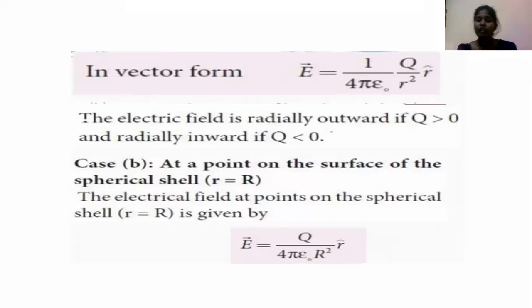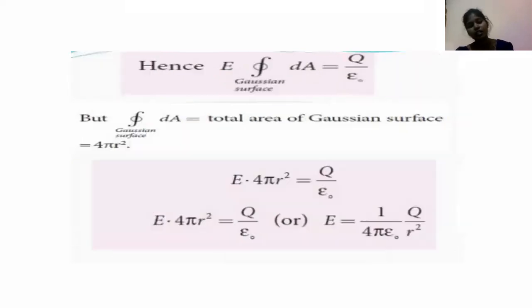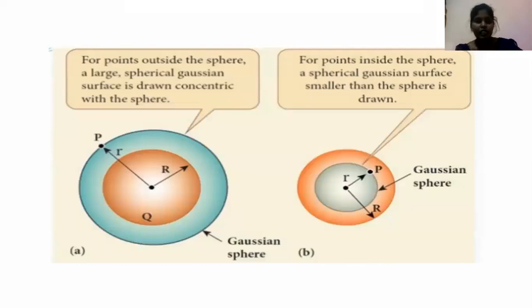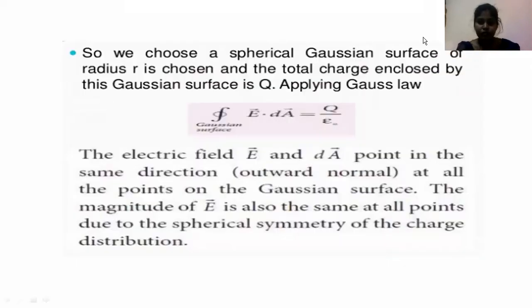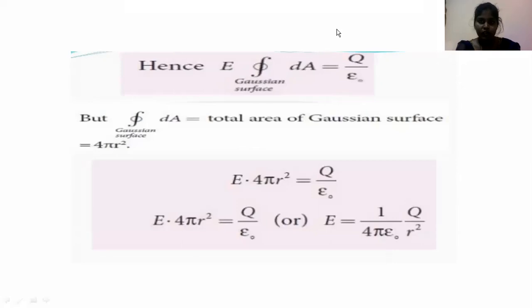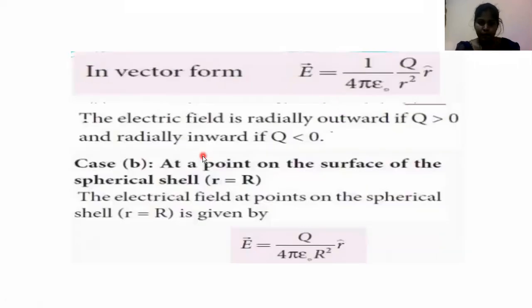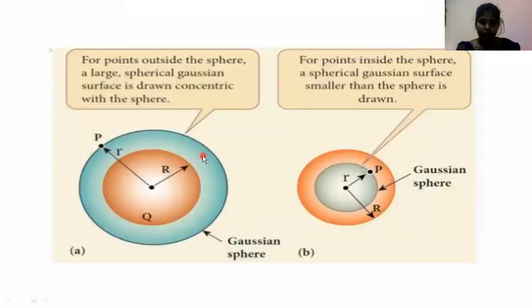So what happens on the sphere? Small r is equal to capital R. The radius of the actual spherical shell is equal to the Gaussian surface radius. So if you see here, this is the actual sphere.